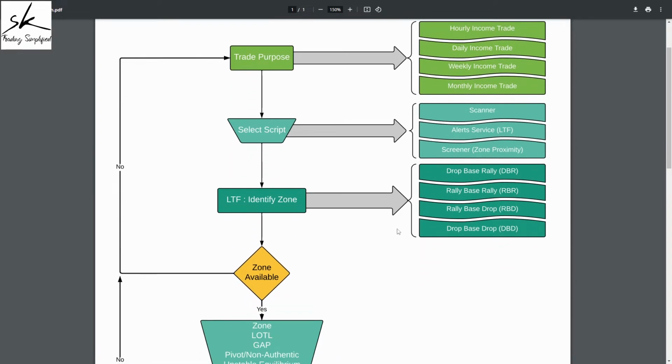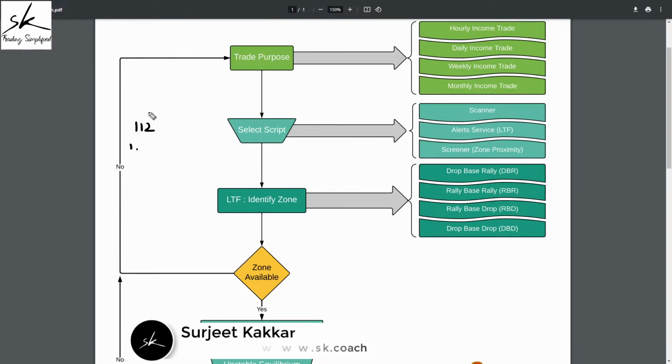Now, in this example, you saw that we got a list of about 112 symbols. When you start analyzing them, there are a few more challenges you will realize eventually. Challenge number one is that when you're analyzing a big enough list, the majority of the symbols on that list don't have a quality demand area or supply area on the lower time frame.